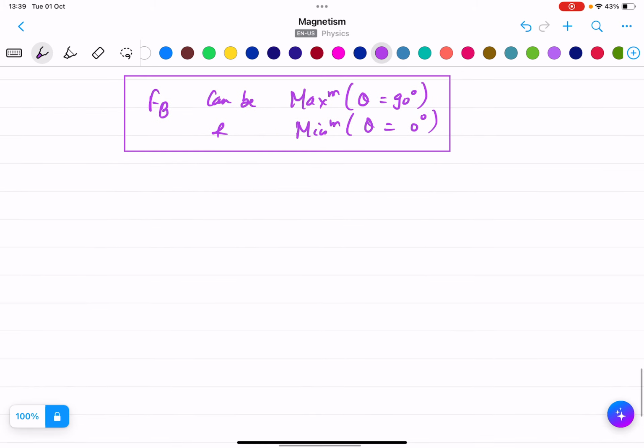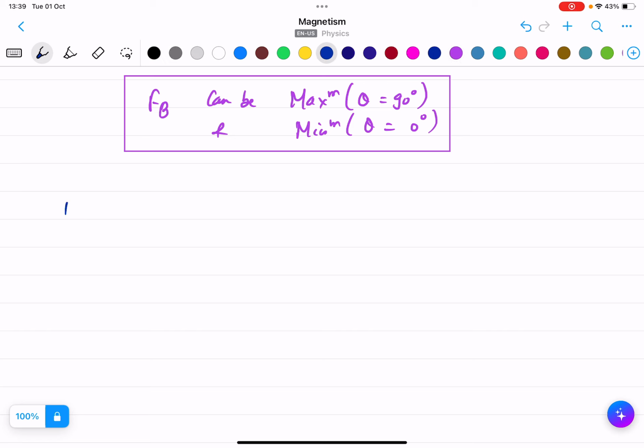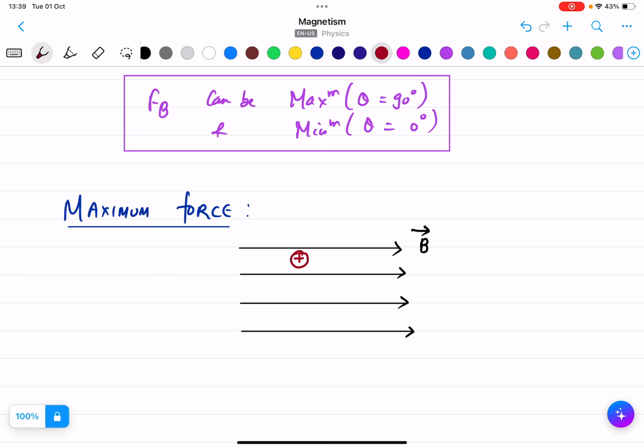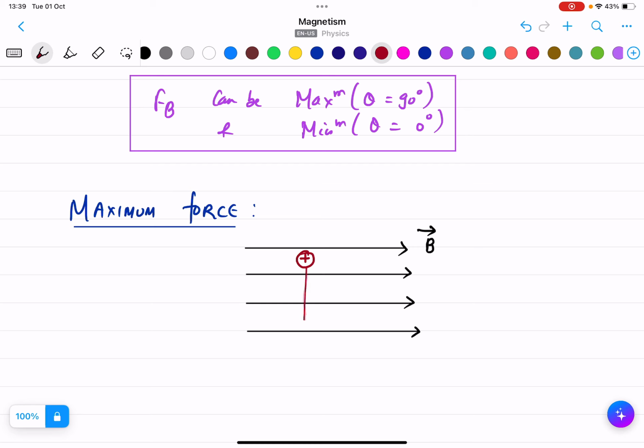Now I will show you when the force is maximum. Maximum force. Okay. Now let us suppose this is a magnetic field. Okay, so I am showing magnetic field with B. If it's electric field, then I would have shown it with E. Okay, and there is a positive charge which is moving in this direction, right?